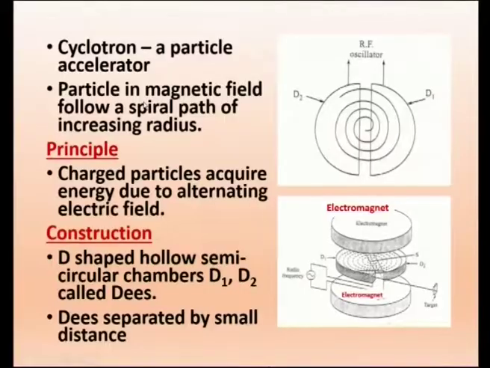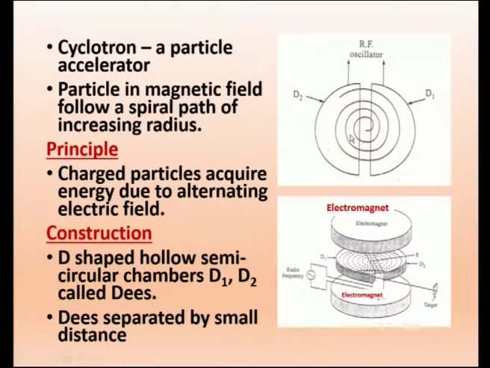Suppose a particle is moving in this direction and you apply a magnetic field perpendicular to that, it will start turning and go around. That is called Lorentz force. So the magnetic force makes the particle turn into a circular path. So a particle in a magnetic field follows a spiral path of increasing radius.